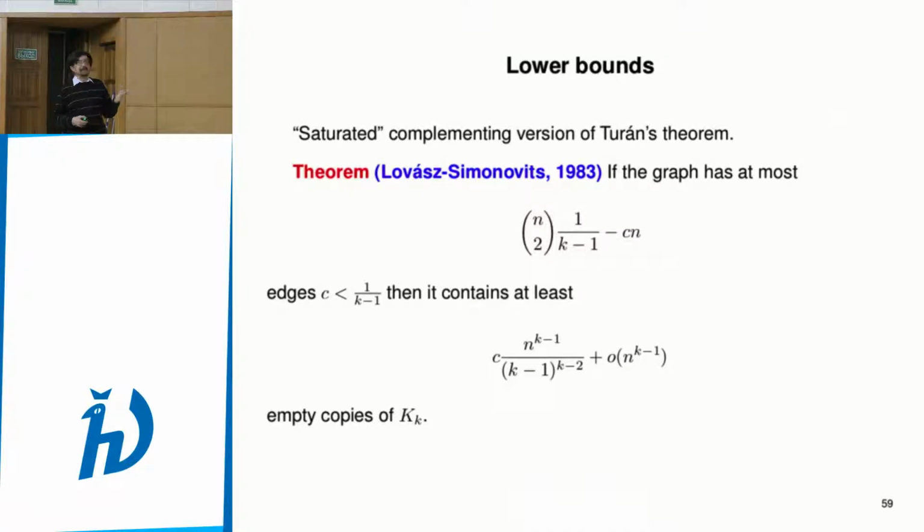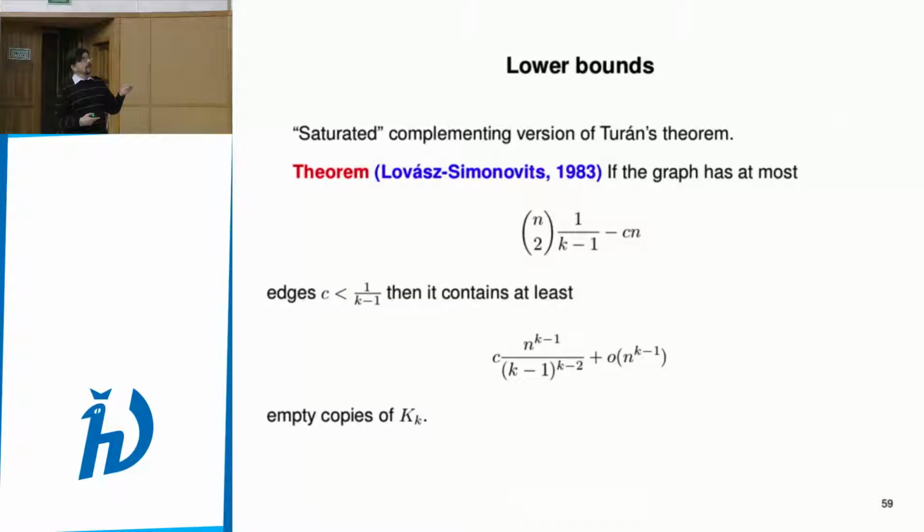It's called saturated because they formulated it in the usual sense: the Turán theorem asks for the maximum number of edges without a complete k-tuple, and then they said, if we have more edges than this, and we know how many more, then there will be many k-tuples. But here we are speaking about a complement, so empty sets when it's smaller.